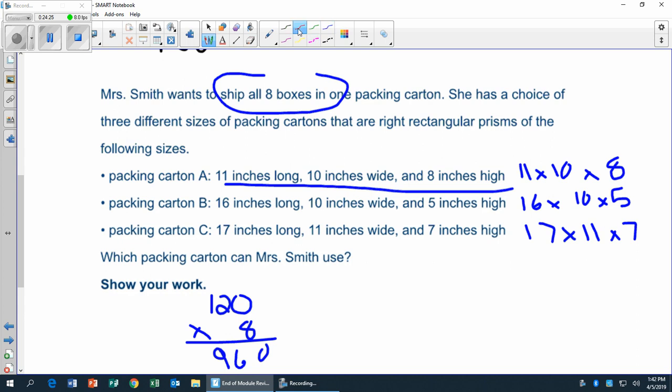And when I solve all of these out, I'm going to put the numbers over here so we can see them. This one becomes 880. This one becomes 800. And this one becomes, I gotta do some math on this one. 17 times 11 first.